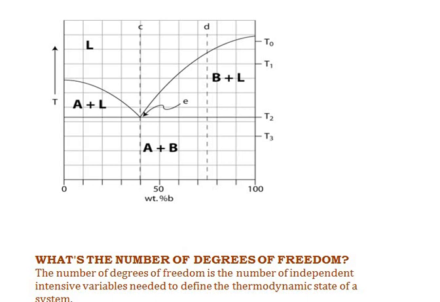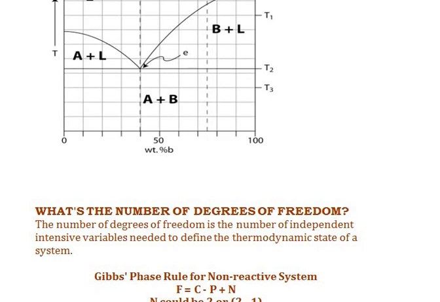For us to solve any question pertaining to these kinds of binary calculations of degrees of freedom, we are going to use a rule called the Gibbs phase rule for non-reactive systems.